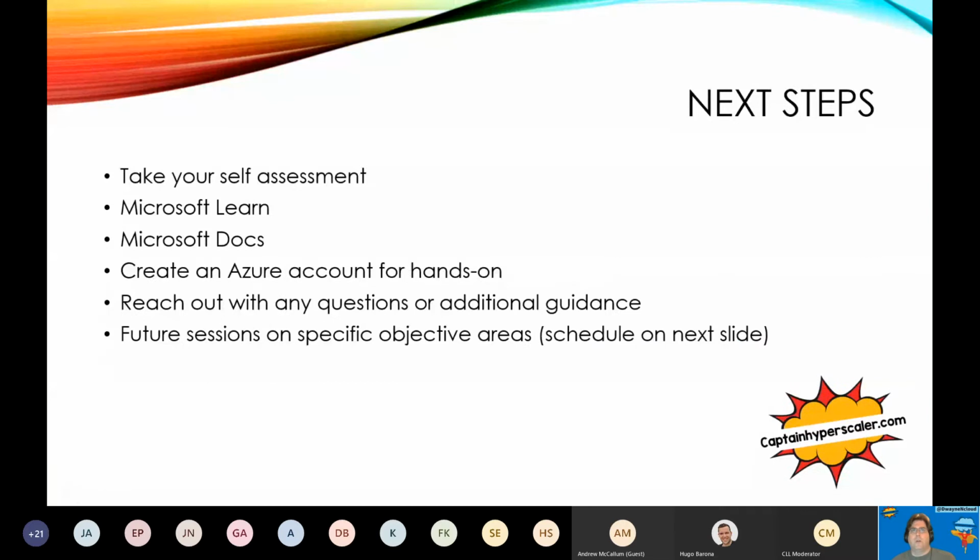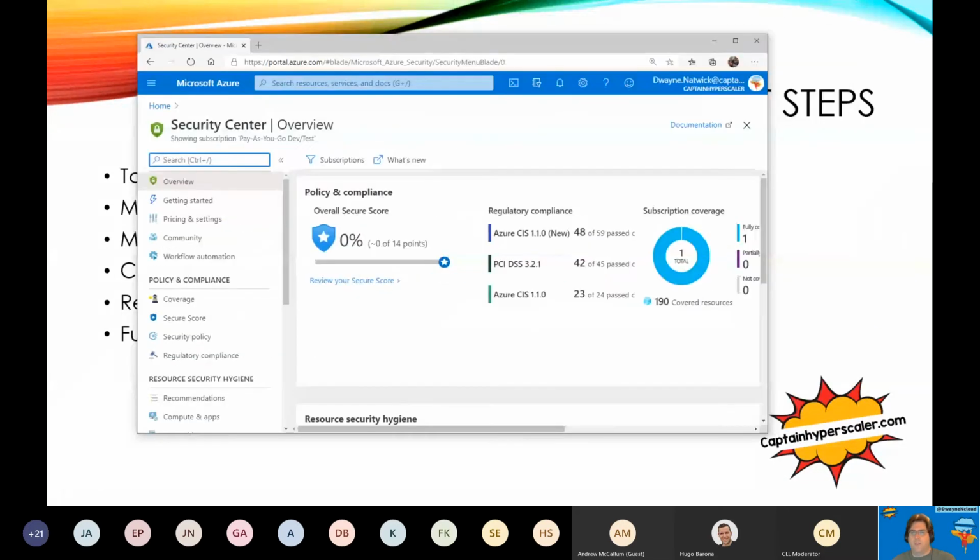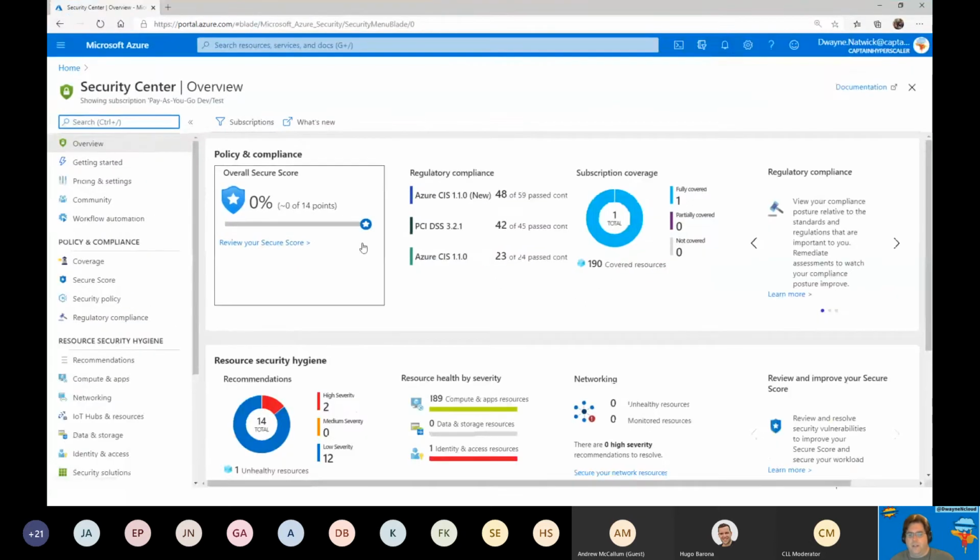So real quick, in the last few minutes I'm going to show a little bit of how that works within Security Center and Azure Sentinel, just to give everybody an idea of how these two tools within the Azure environment can be helpful around everything we've talked about before in the defense in depth strategy.